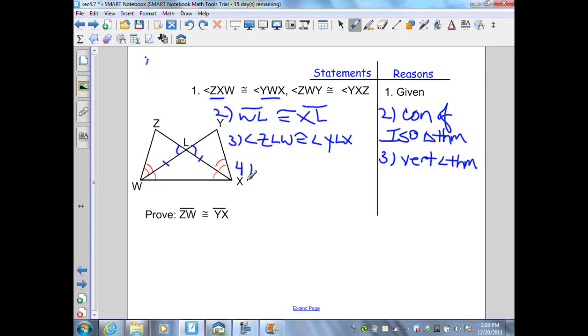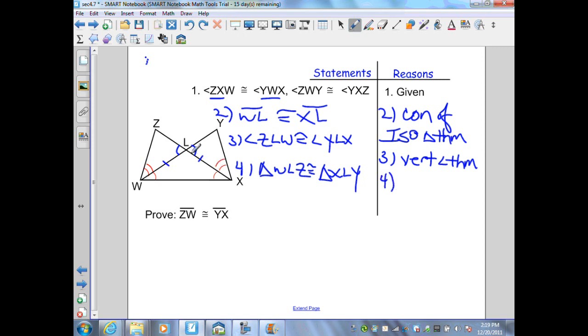That allows me to state that triangle WLZ is congruent to triangle XLY by the method of angle, side, angle.